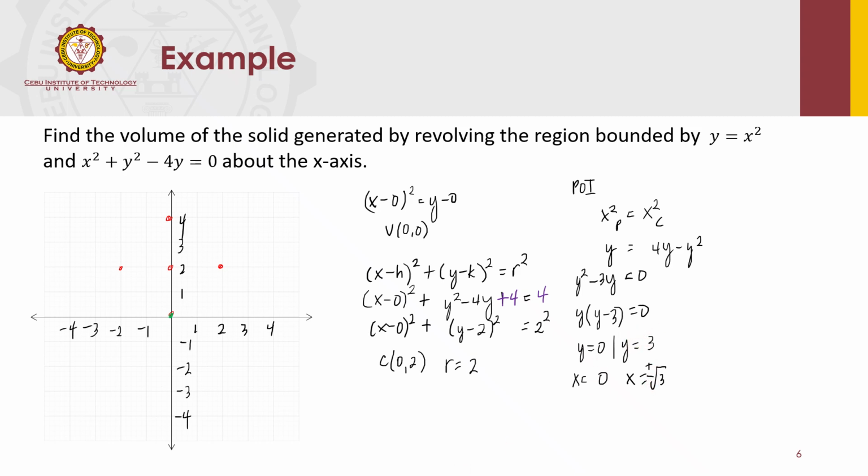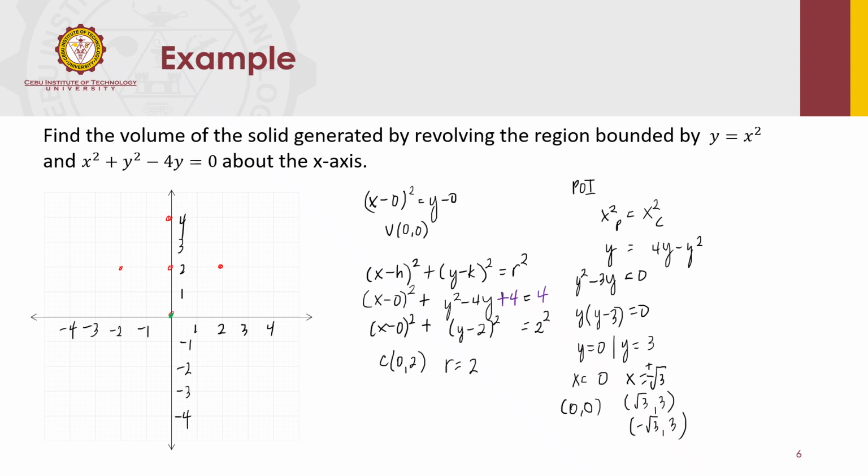So let me summarize the points of intersection: (0, 0), (positive square root of 3, 3), and (negative square root of 3, 3).